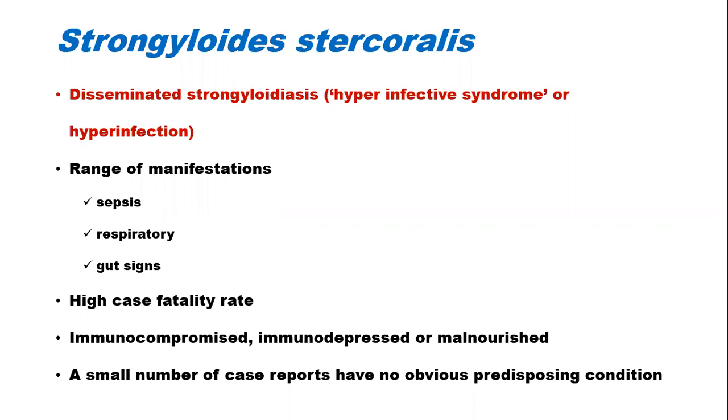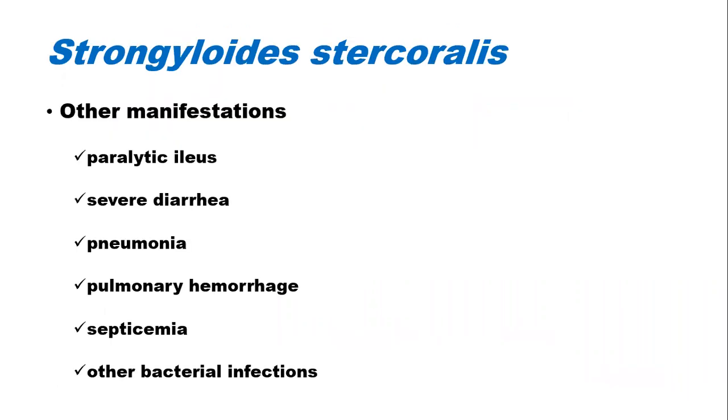However, there have been some case reports that did not have any of these predisposing conditions, and they still came down with a hyperinfection. So maybe at times you have some form of interplay between the parasite and the host.